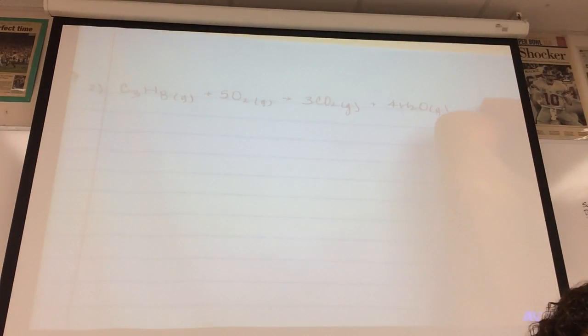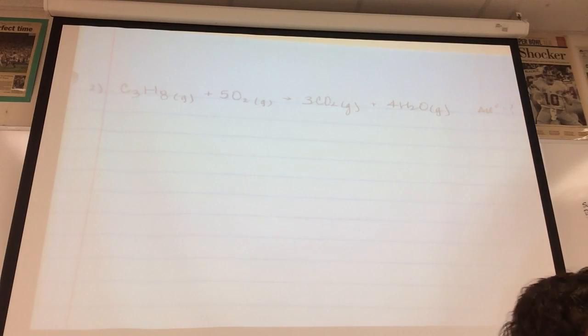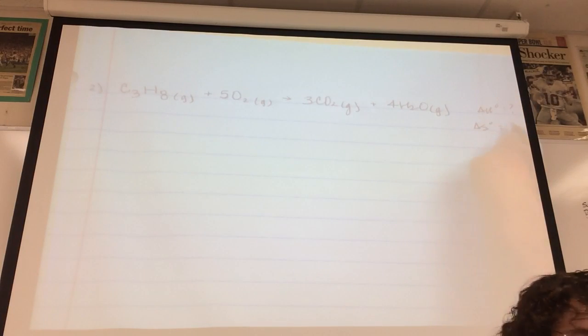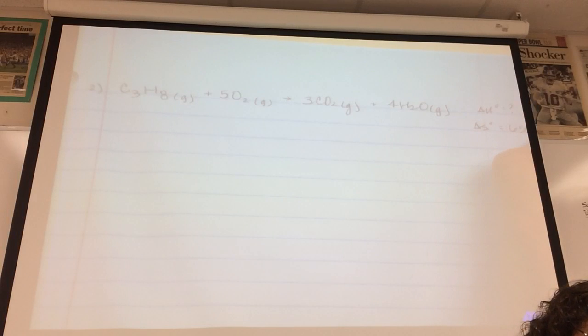They don't give us the delta H. The delta S is 650.2 joules per Kelvin, and the temperature is 25 degrees Celsius.